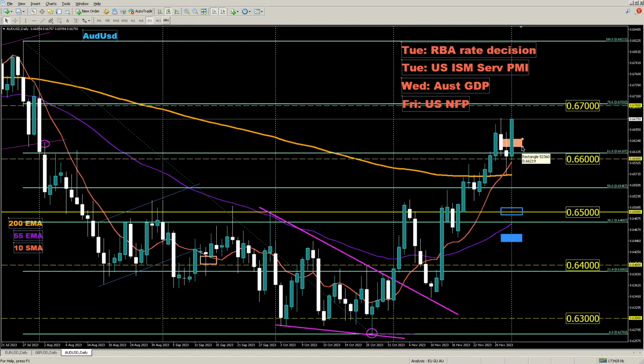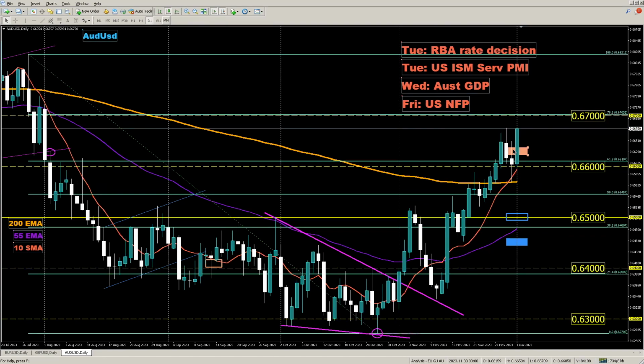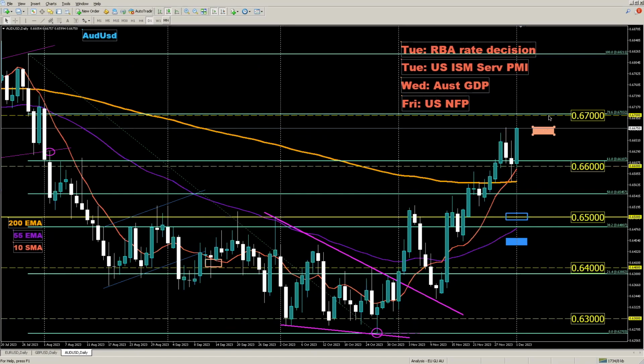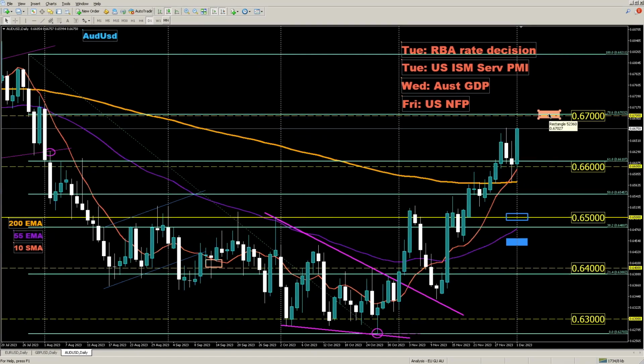So that is going to be our resistance zone, 67 and then 78.6 fib, and support is going to be at the daily 200 EMA, with the major support below that at the 65 round figure, as well as the 38 fib.